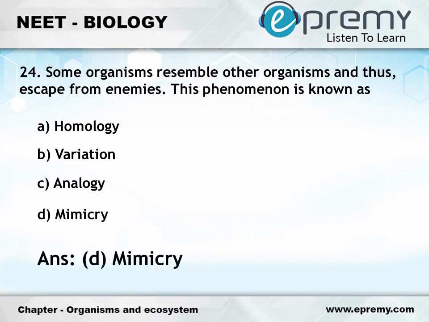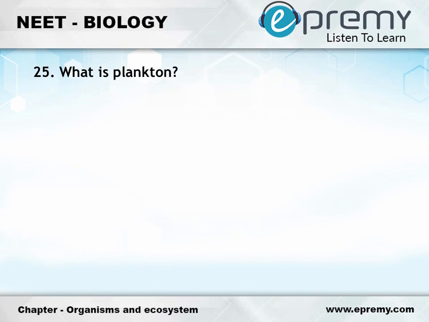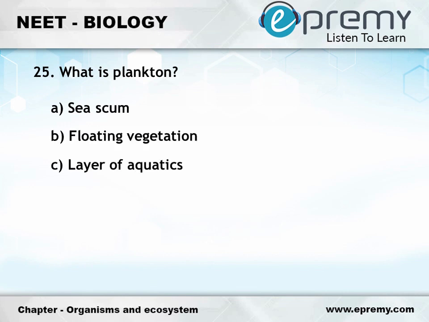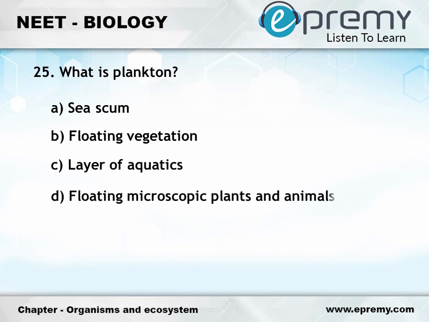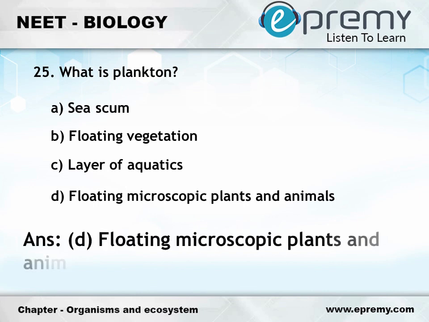Question number 25. What is plankton? Option A, sea scum, option B, floating vegetation, option C, layer of aquatics, option D, floating microscopic plants and animals. The answer is option D, floating microscopic plants and animals. Question number 26.